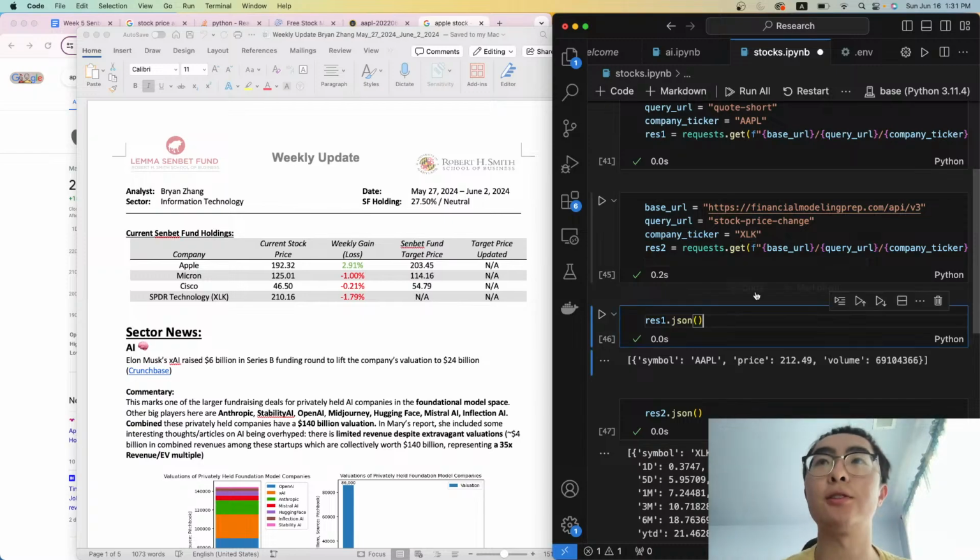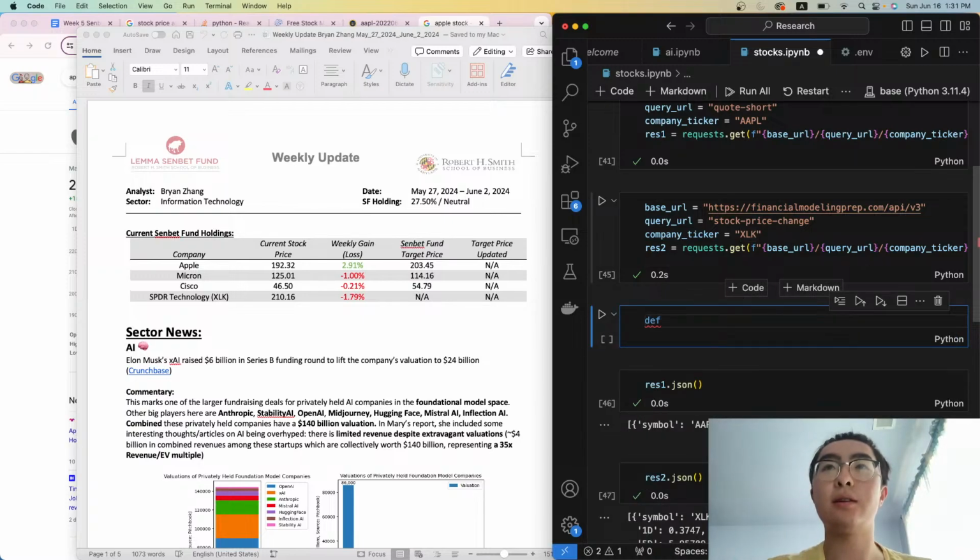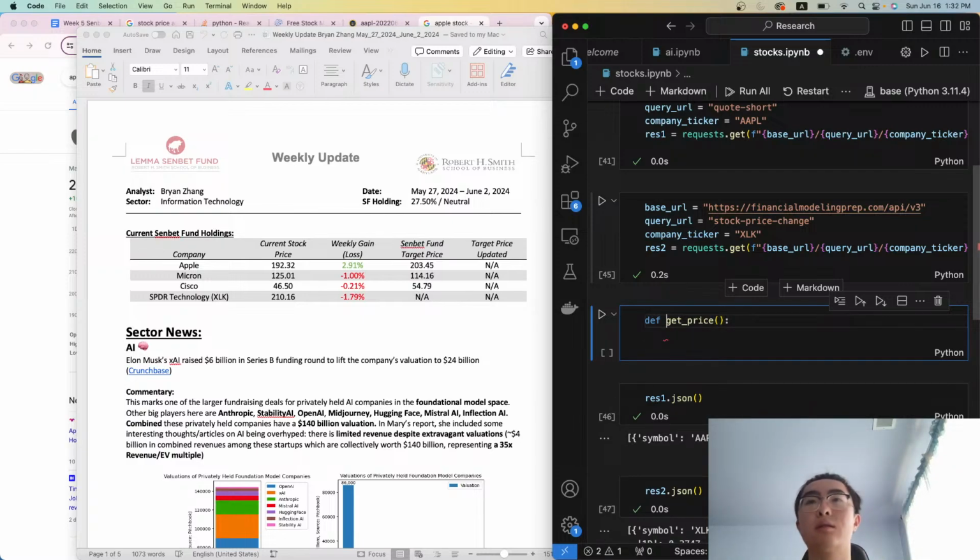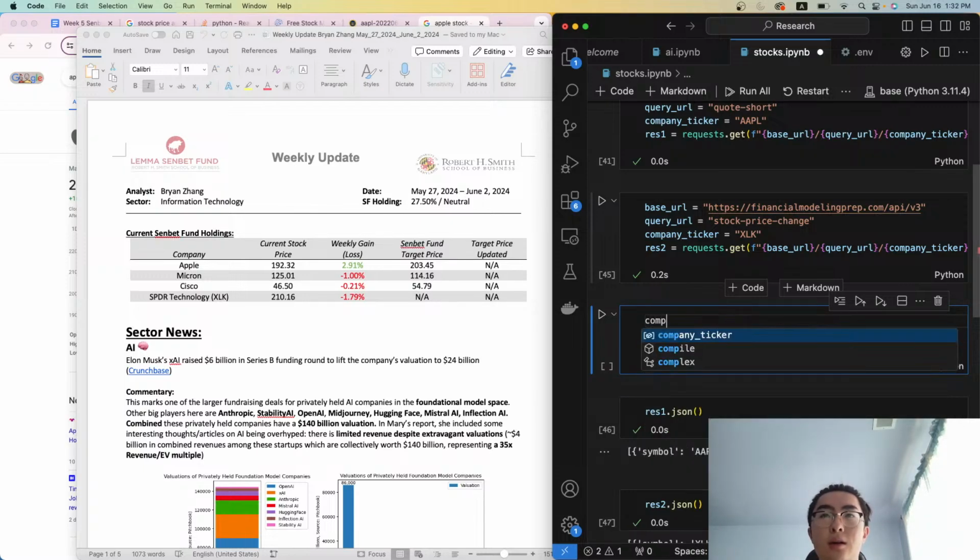So there is, all right, def get price company tickers. Okay, so company tickers is equal to, do a list.